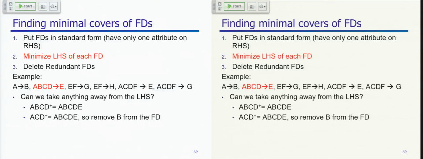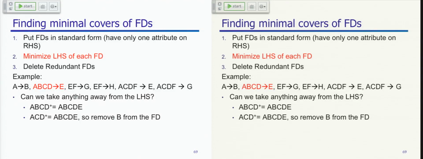That functional dependency says that A, B, C, D determines E. Okay, so if I find the closure of A, B, C, D, I get A, B, C, D, and based on the highlighted rule, I'm also going to get E. Do I get anything else? I don't get anything else.